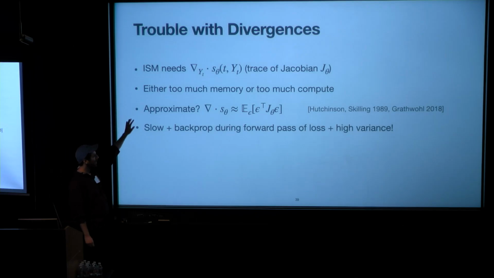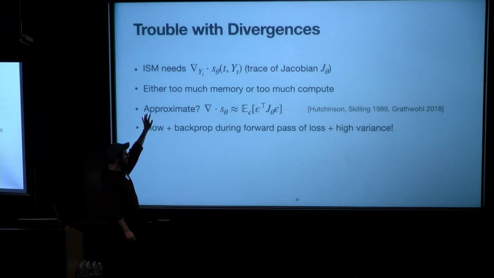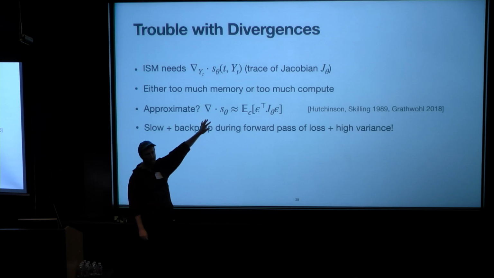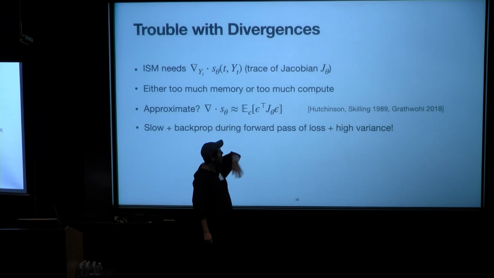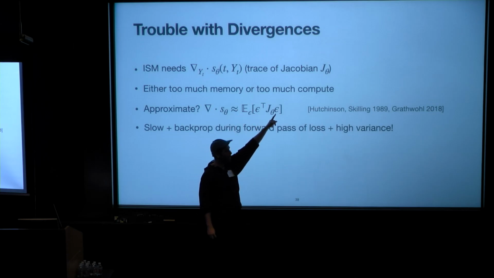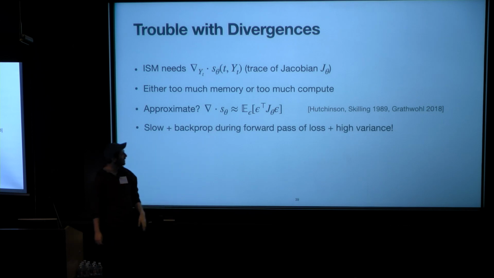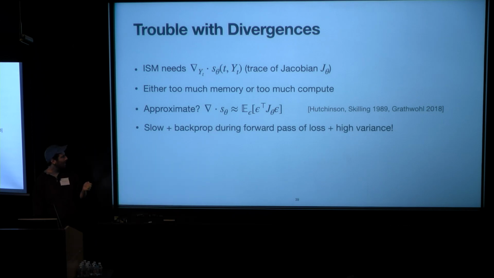So the trick a lot of people have used is a trace estimator with Gaussians. Numerically, you would compute your score model, ask Torch to do a vector Jacobian product with the Jacobian of the score model and this noise vector, take a dot product with that same noise vector, and then average over this. But it turns out to be slow, high variance, and unstable to train.